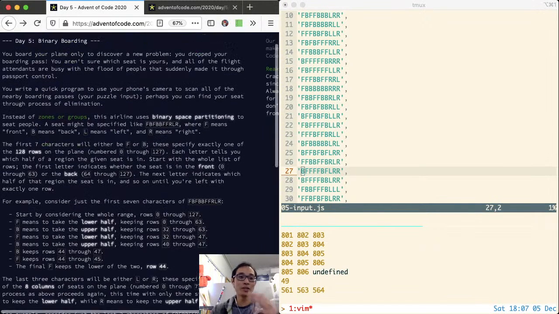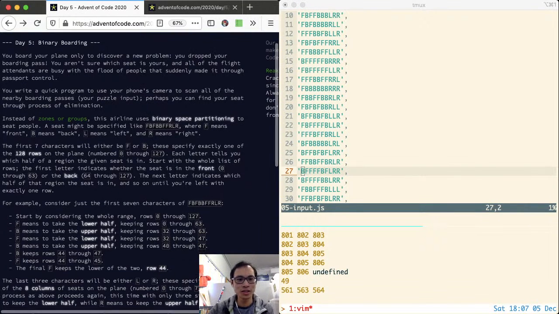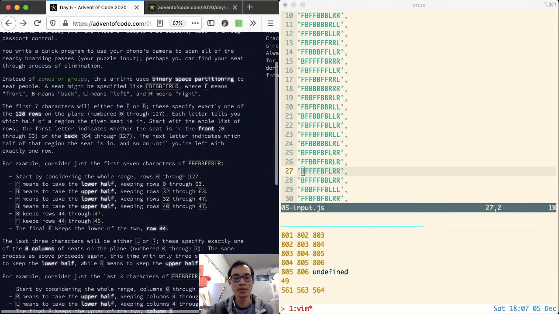I feel like a lot of these challenges are about understanding the problem. And once you understand the problem, you can do almost anything you want to solve it. So basically, this problem uses something they call binary space partitioning. Let's do the rows.